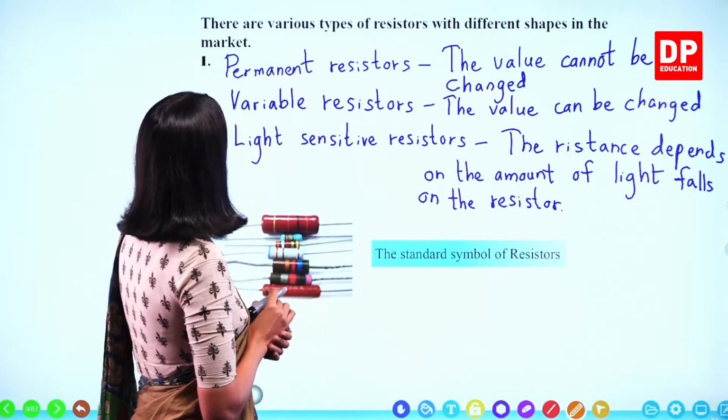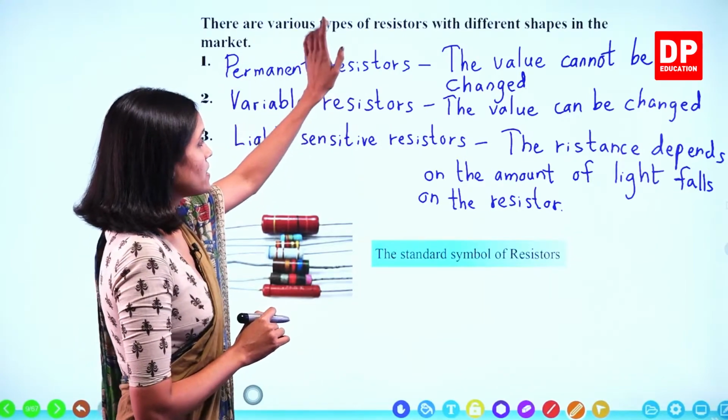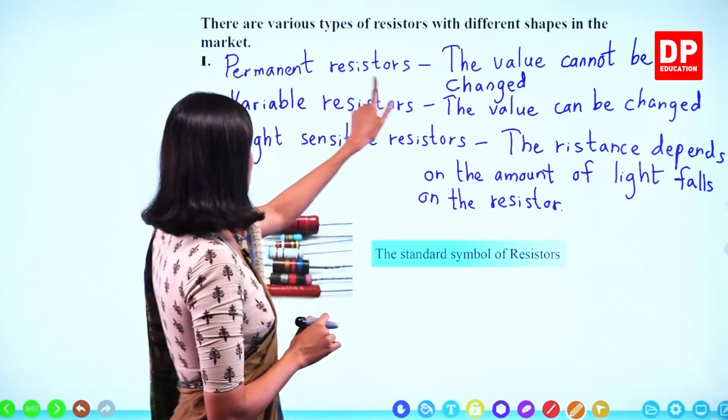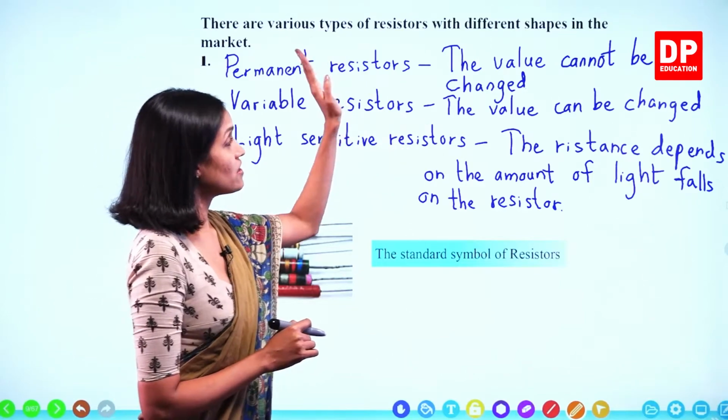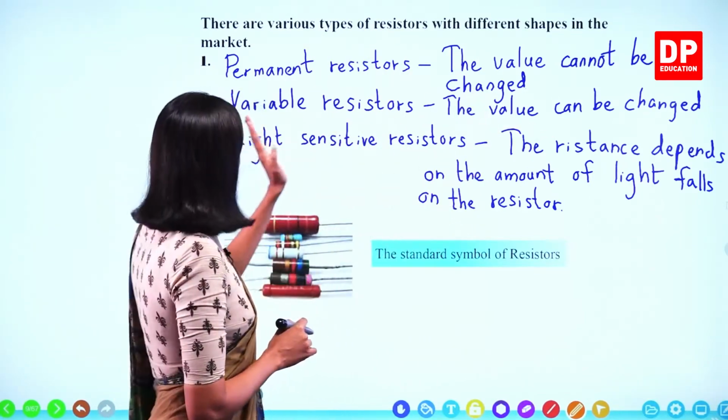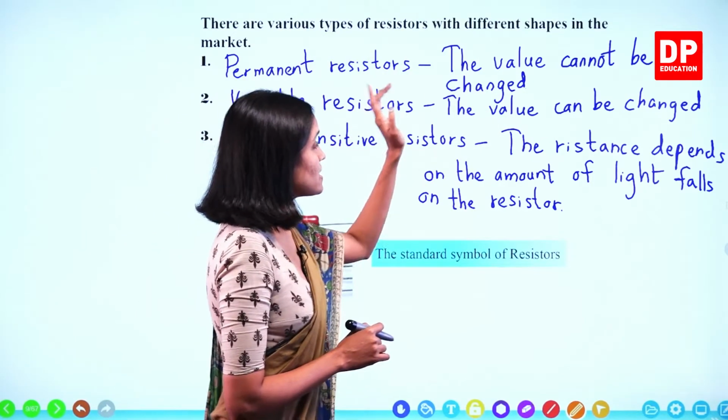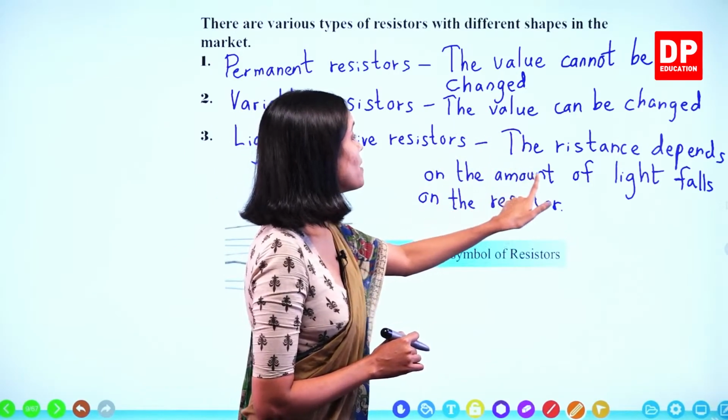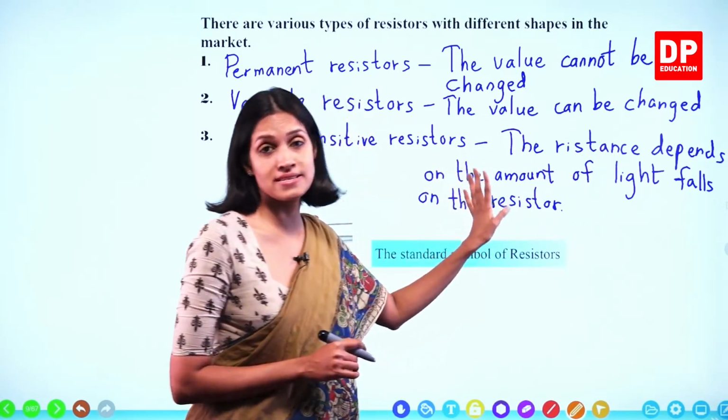Okay. Permanent resistors, the value cannot be changed. Variable resistors, the value can be changed. Light sensitive resistors, the resistance depends on the amount of light falls on the resistor.